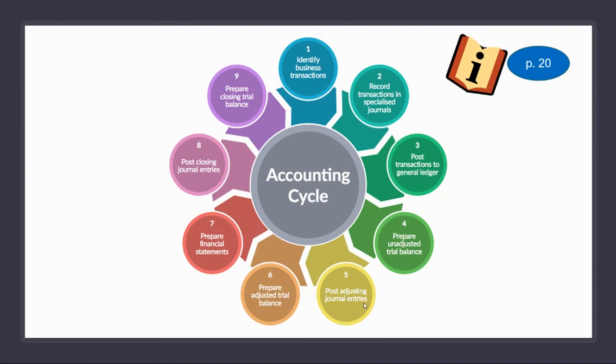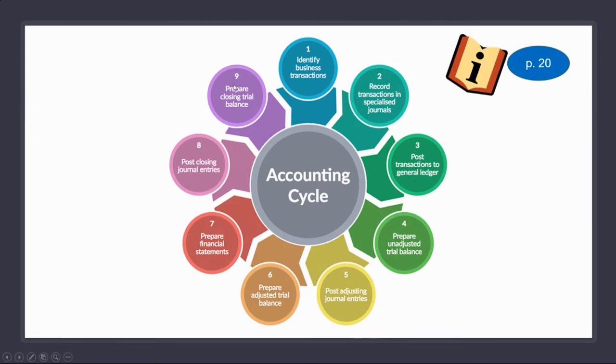That is things that will not be included in our specialized journals, things that happen on an ad hoc basis. We would then put an adjusting journal entry through to correct our trial balance. So that is if we've prepaid an expense, we have not received the invoice as yet, or we have to accrue for interest we've received but the bank hasn't physically paid it out in cash yet. That is what an accountant would do on a monthly basis.